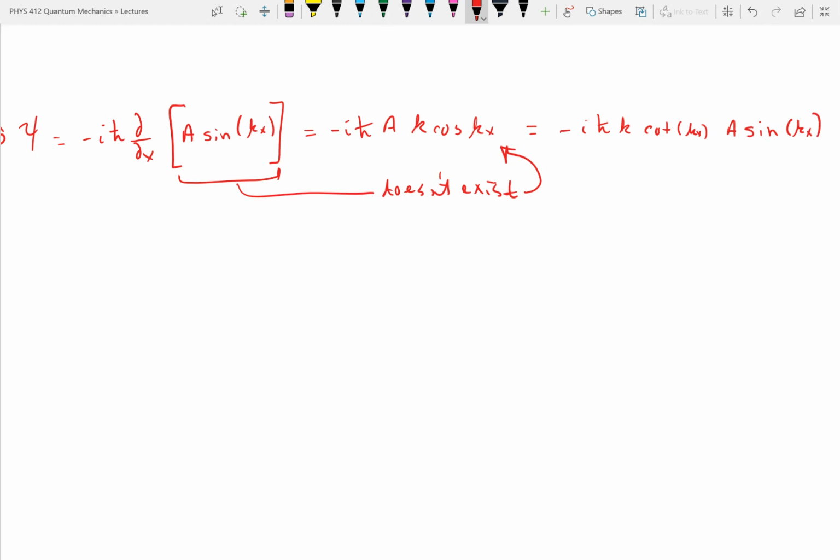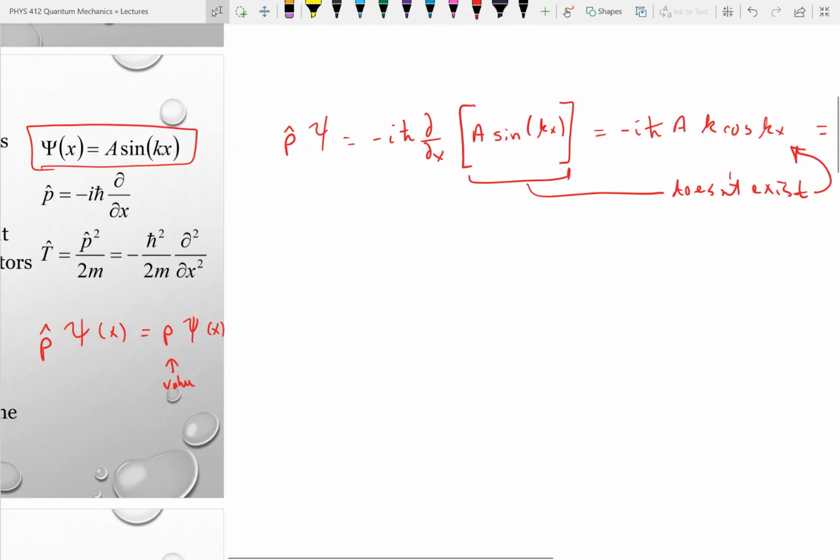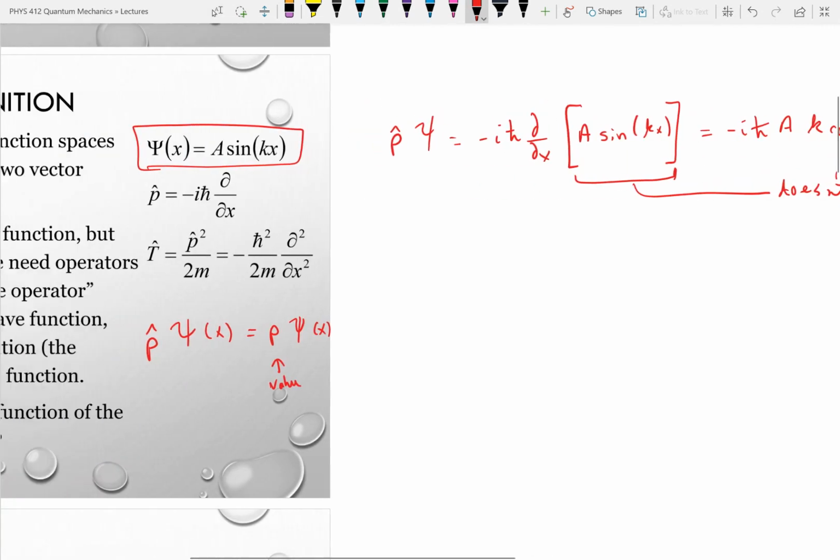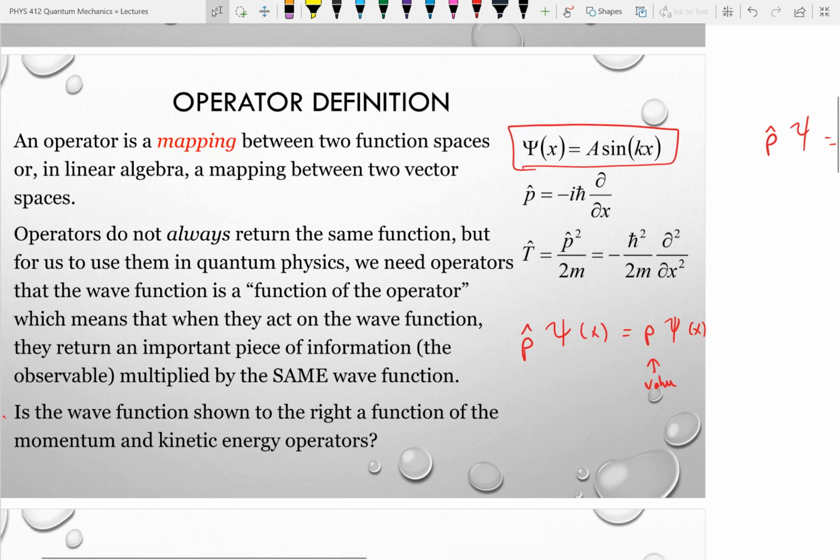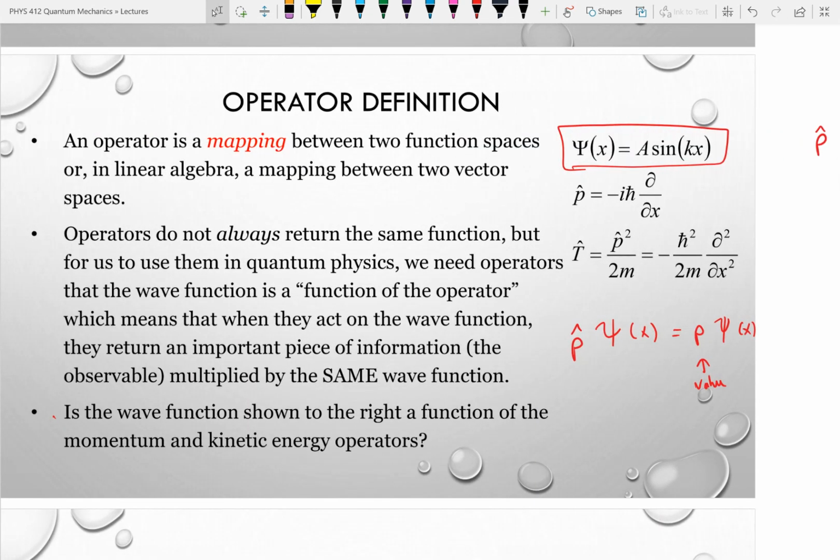That is mathematically correct. But that is not going to be our momentum because it's a function of x. We want to find just the momentum. And so psi is not a function of the momentum operator.